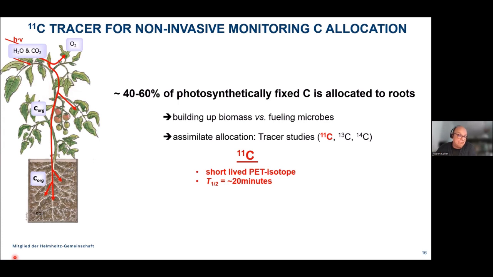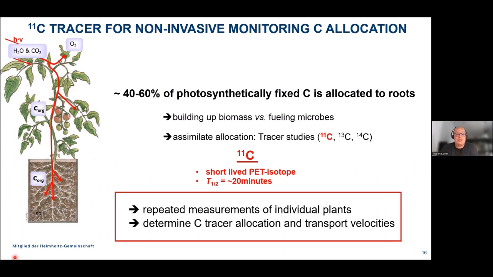The important thing to understand is that this tracer has a half-life of 20 minutes. This means that after several half-lives, the radioactivity is gone, and we can use these plants again for further analysis, and it is not invasive. So it allows repeated measurements of individual plants and determination of carbon tracer allocation and transport velocities within the root system. This is what I want to show you in the next slides.